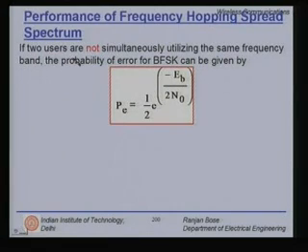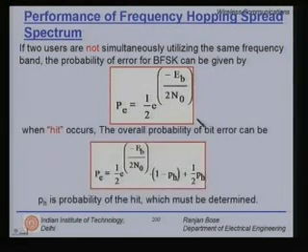If two users are not simultaneously utilizing the same frequency band, the probability of error for binary FSK can be given by probability of error equal to 1 over 2 e raised to the power minus EB over 2 N naught. When the hit occurs, the overall probability of bit error can be given as Pe as a summation of two terms multiplied by the probability.